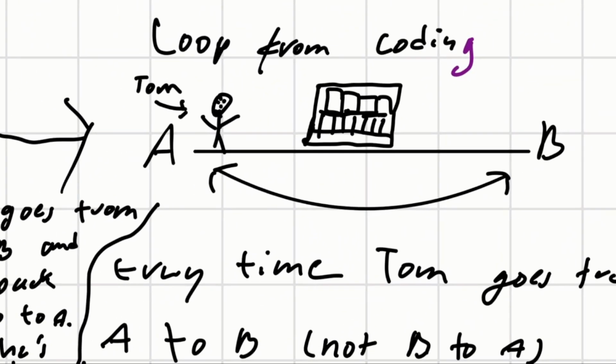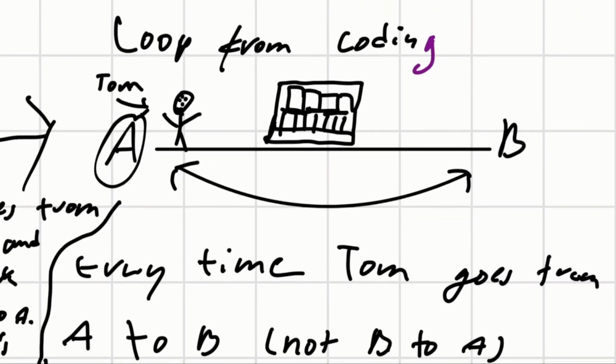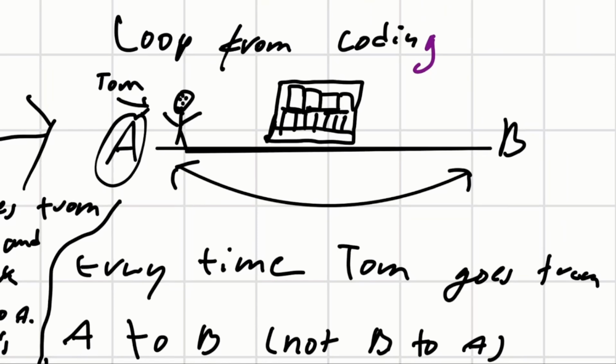For example, let's say we have Tom. Tom starts at point A and he walks to point B. Every time he walks from point A to point B, we have an infinite bookshelf. So he's taking one book out of this bookshelf, goes to B. If he comes to B, he returns straight to A. He does not take a book.